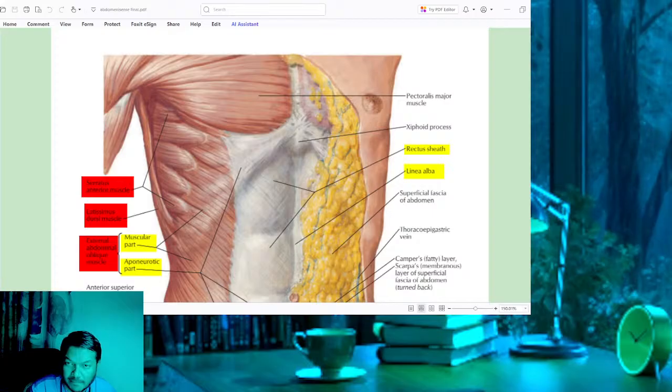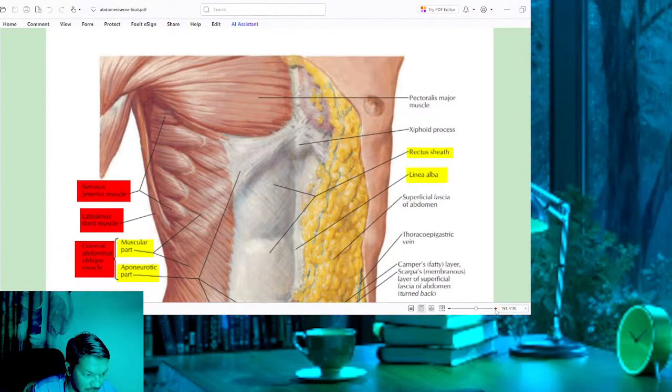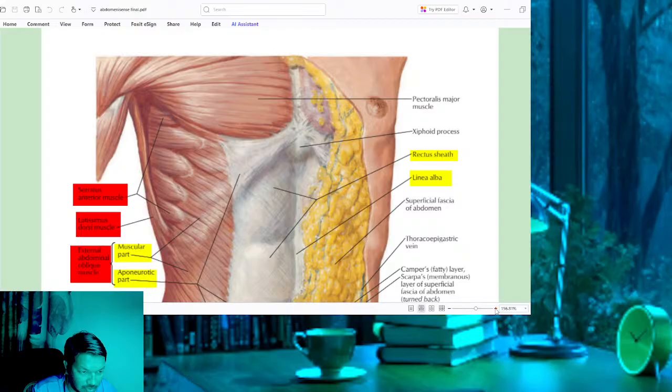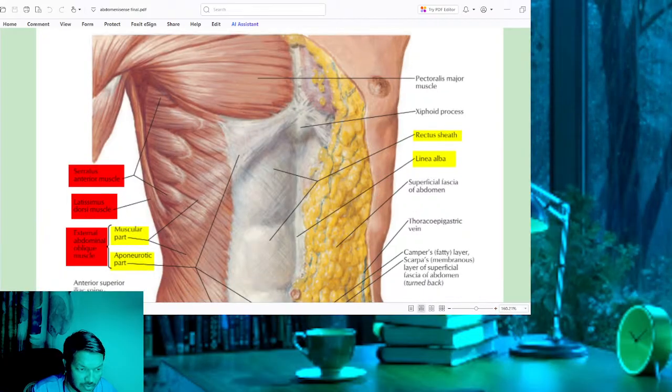Can you see the screen? Can you see the screen now? Something went wrong.